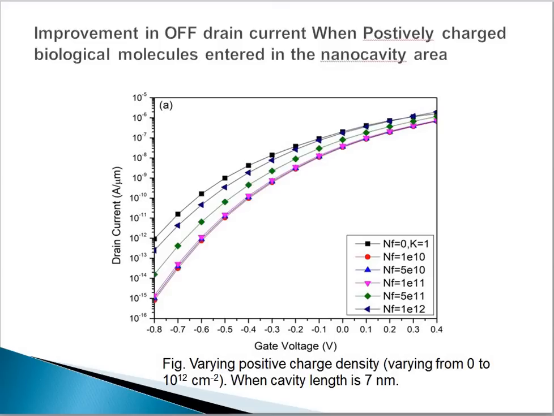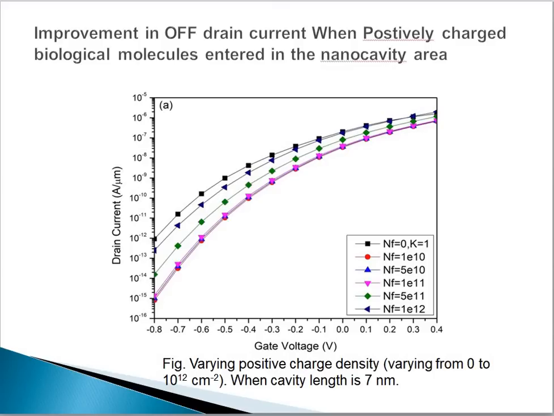Positively charged biomolecules are immobilized in the nanocavity area in the presence of neutral biomolecules by changing the surface density from 0 to 10 raised to power 12 per centimeter square. This is done by simply changing the interface charge density at the interface of the semiconductor and insulator layer.